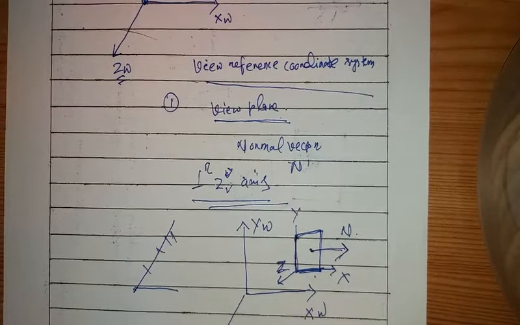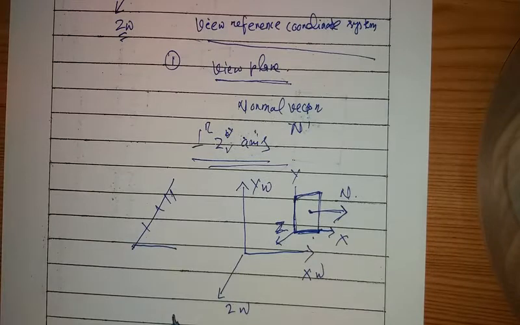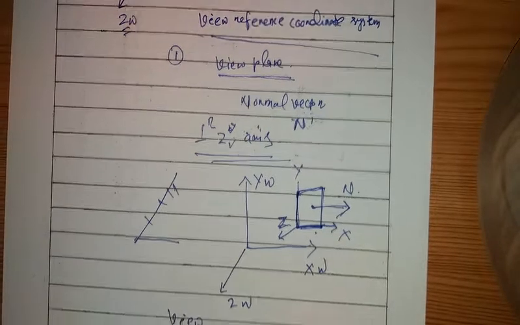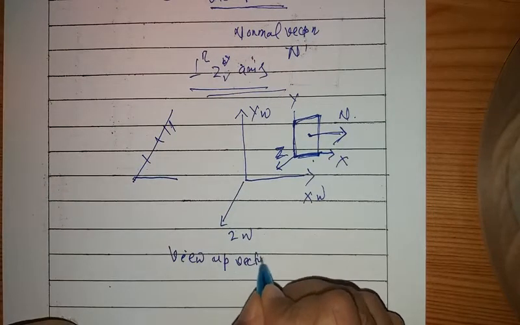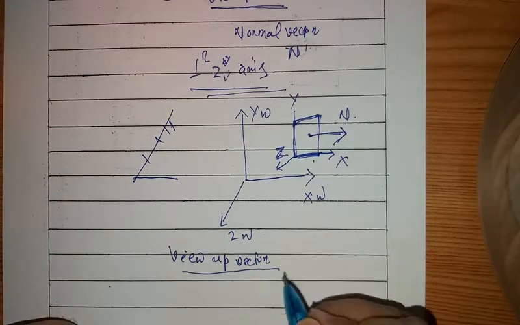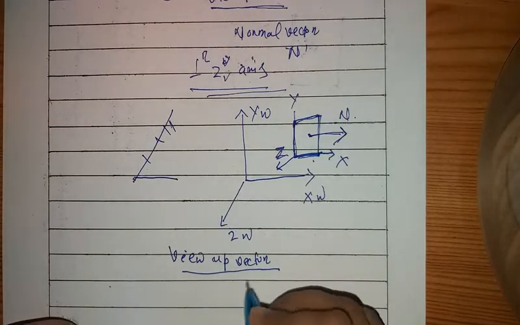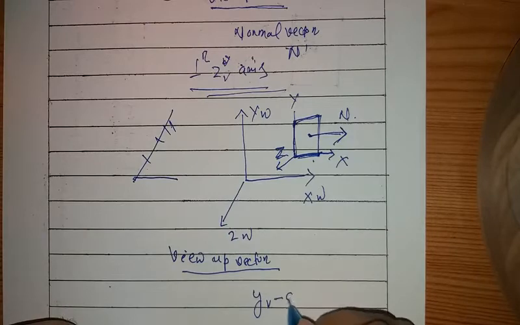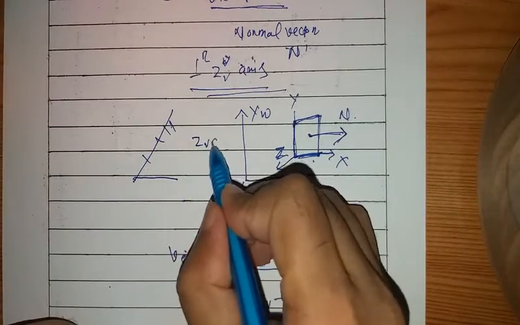Next you have to establish a view up vector. After choosing the normal vector, now the view up vector. This gives the direction of the yv axis. Already you have established the zv axis.